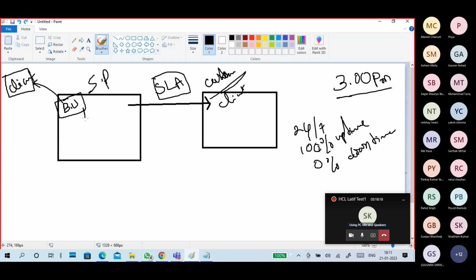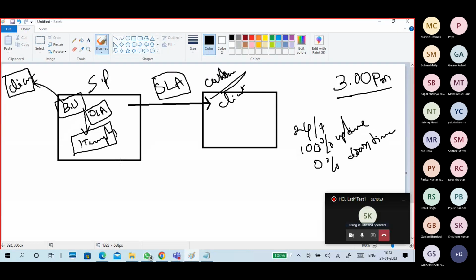And there is a contract between this and the internal employees. The business unit and the employees both belong to the same organization. They agree to an operational level agreement, to make sure this project is completed on time, what their requirements are, and supporting what we are able to provide.